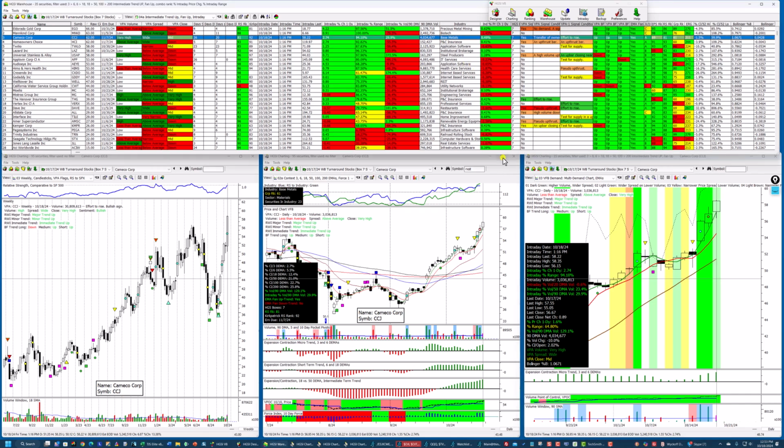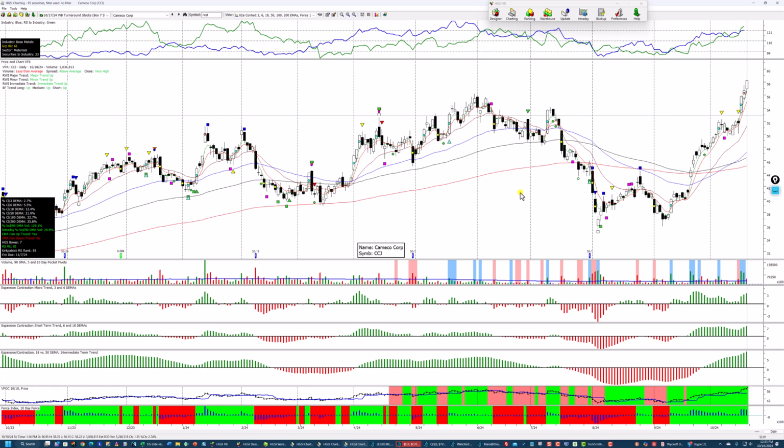Bring up an arrow. You can see that the histograms are all very positive. The VPOC has been positive since here. Look at all these pocket pivot volume bars as this stock has continued to go up. So the histograms are all positive, and the fan is in place because here's the 200, here's the 100, here's the 50, and here's the 18.